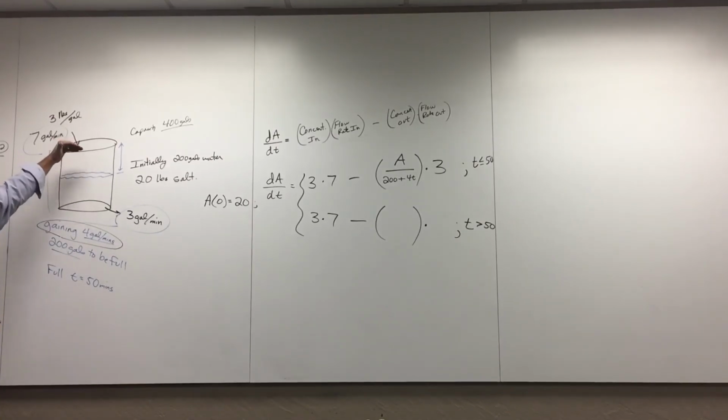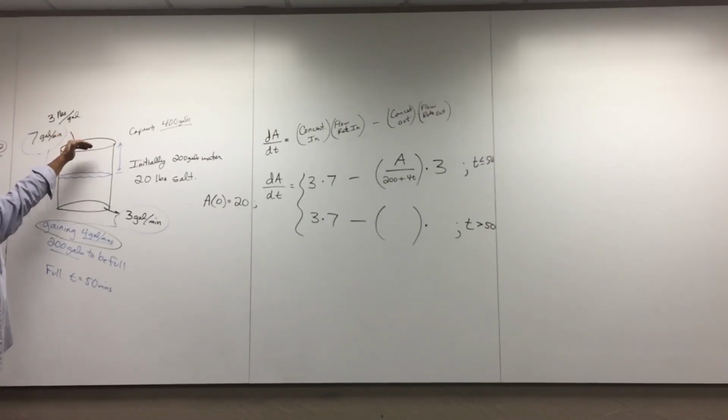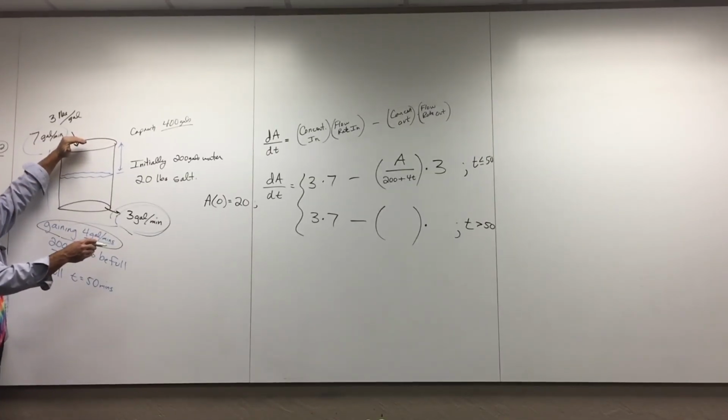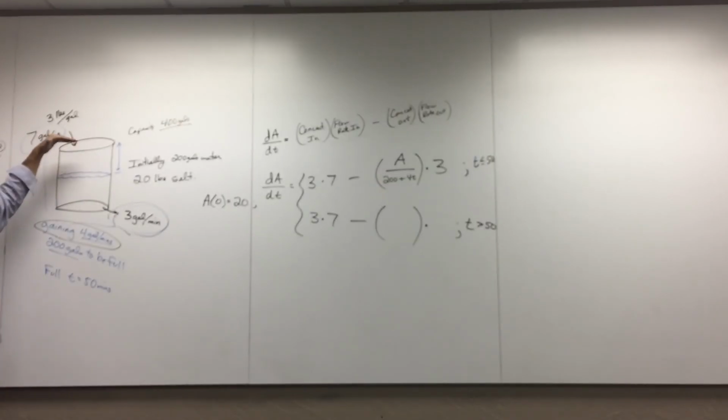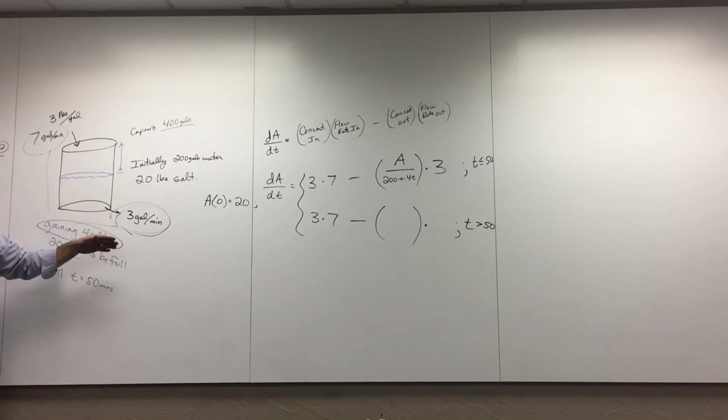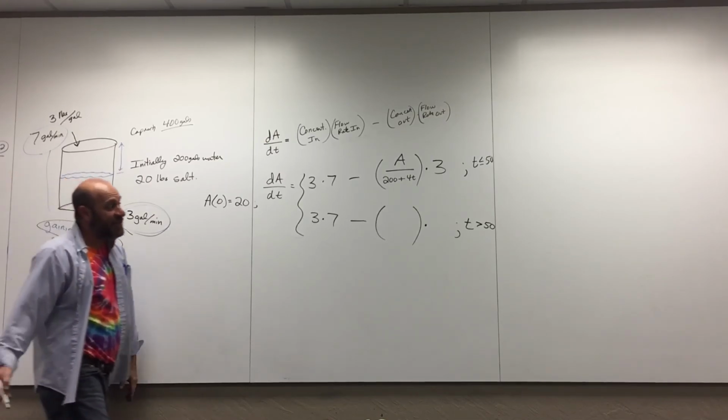Once this tank fills up, it's sitting at 400 gallons and it's not changing. Now we're still losing 3 gallons out the bottom, but to keep it from changing, the amount coming in has to match the amount going out. So this is a 7.